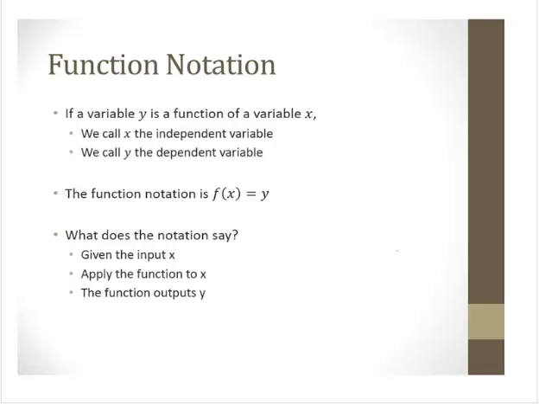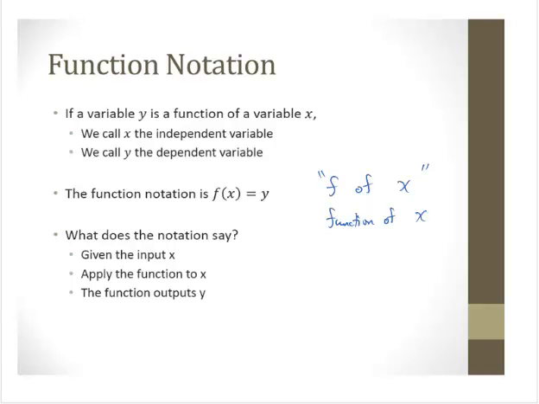We have notation for the functions. The function notation is f of x is y. So again, I said that as f of x. Function of x. Y is a function of x. And so now what does this notation say?